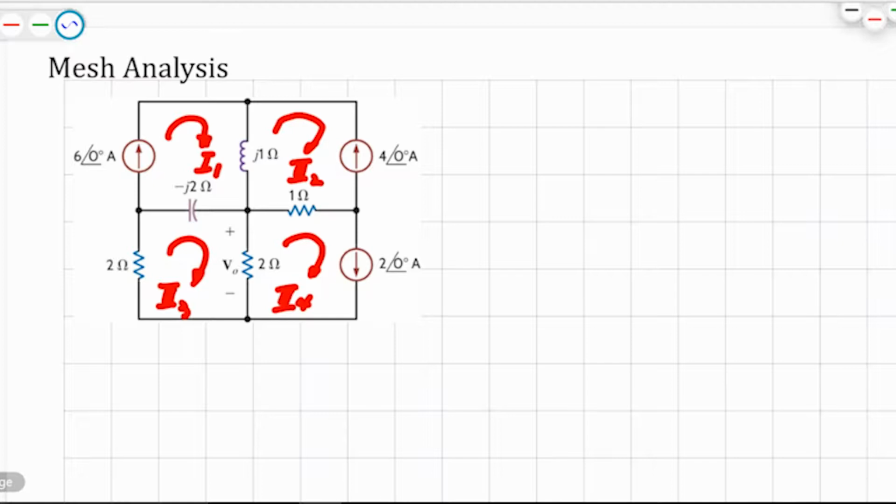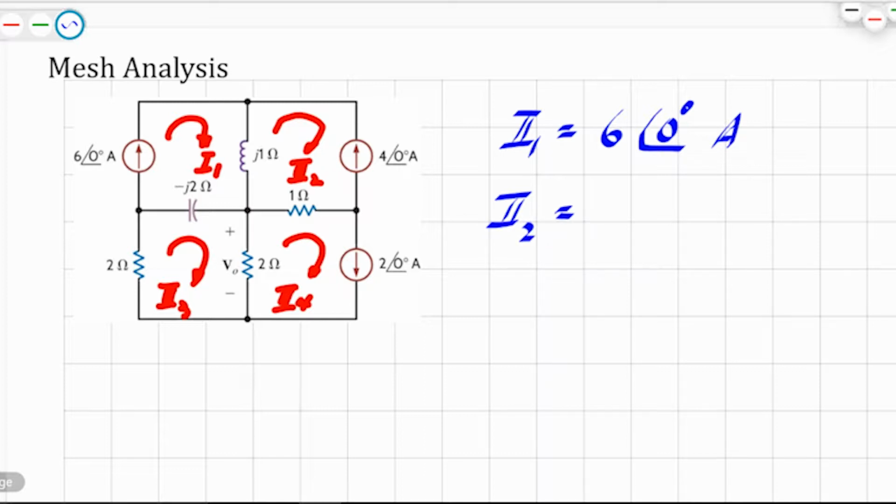Now, recall how we approach this kind of problem. We notice that I1 in mesh 1 is given by the source. So I1 is equal to 6, phase angle 0 ampere. If you come around to I2, I2 is also given.